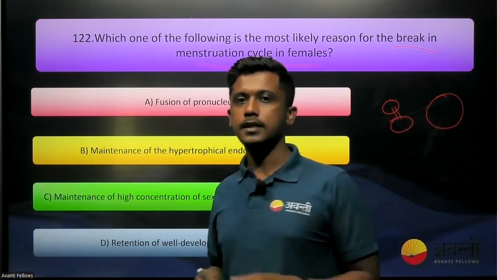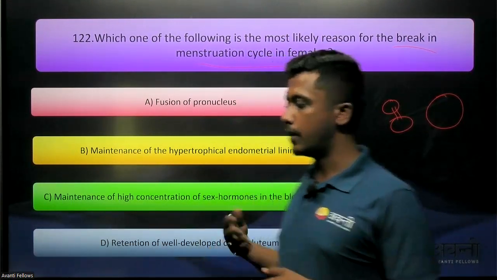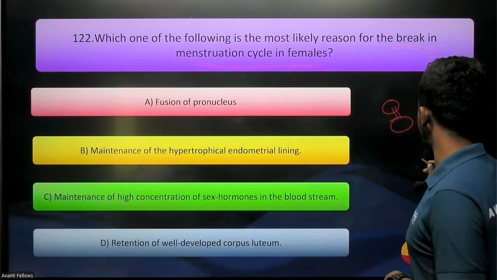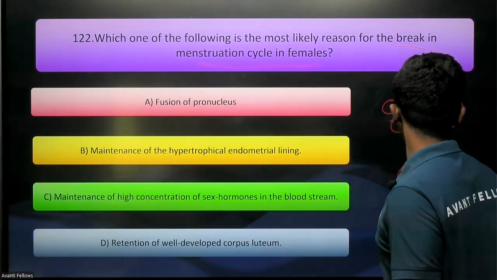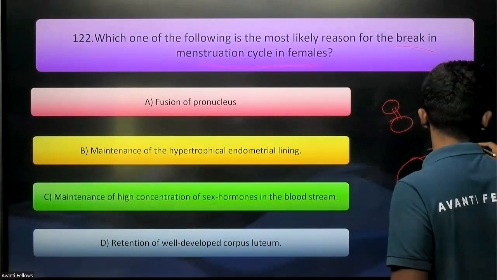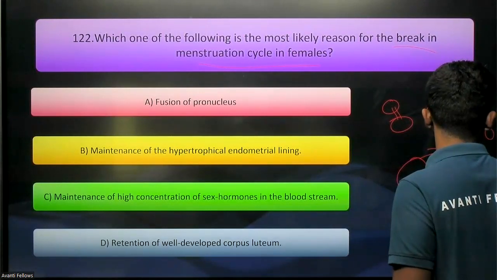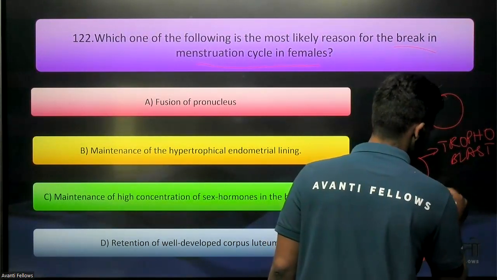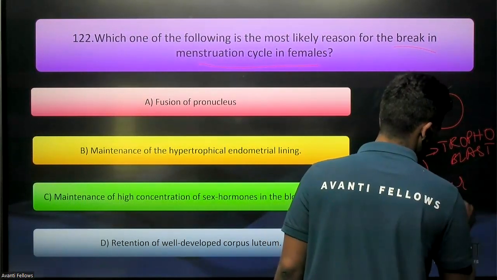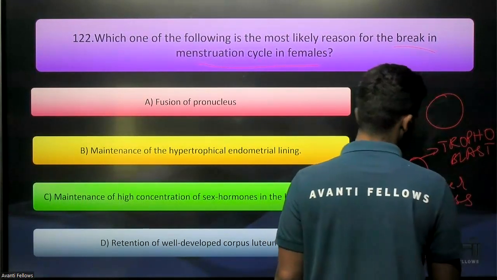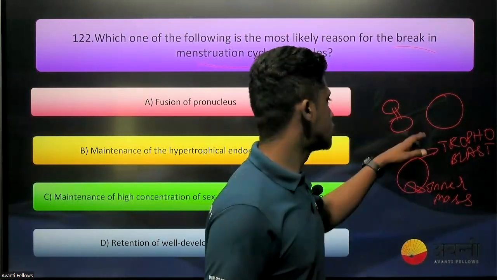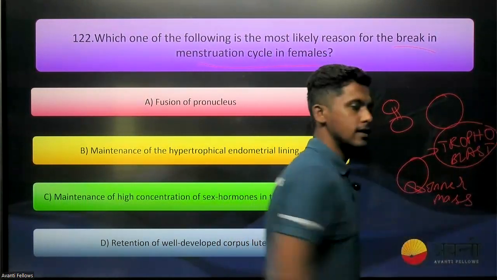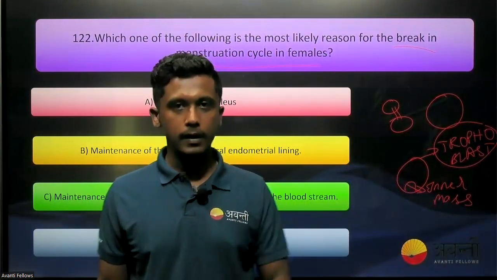Here, our morula develops into a blastula, where it is differentiated into trophoblast layer and innermost cells. This trophoblast layer has two layers, that is cytotrophoblast and syncytiotrophoblast.